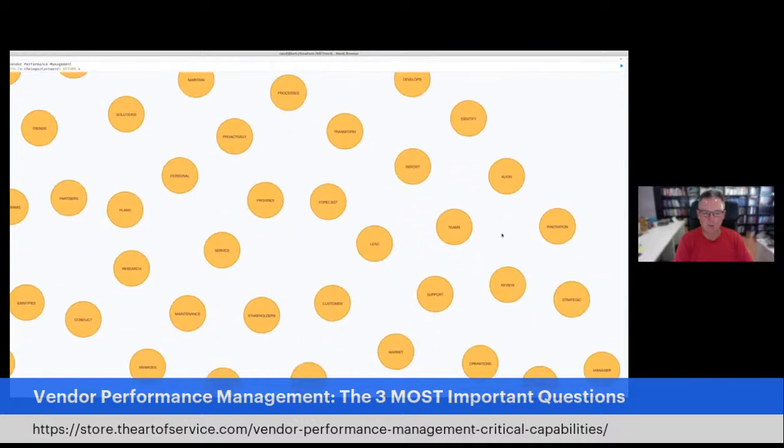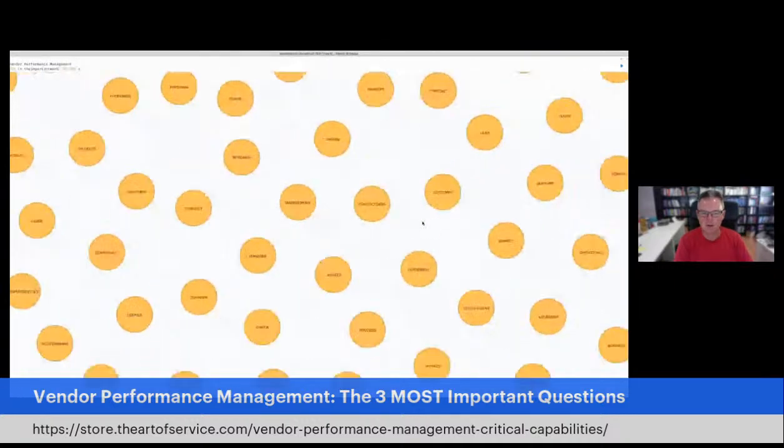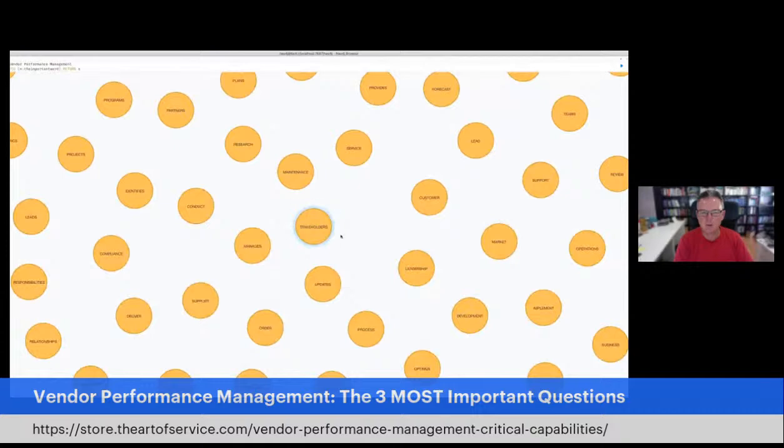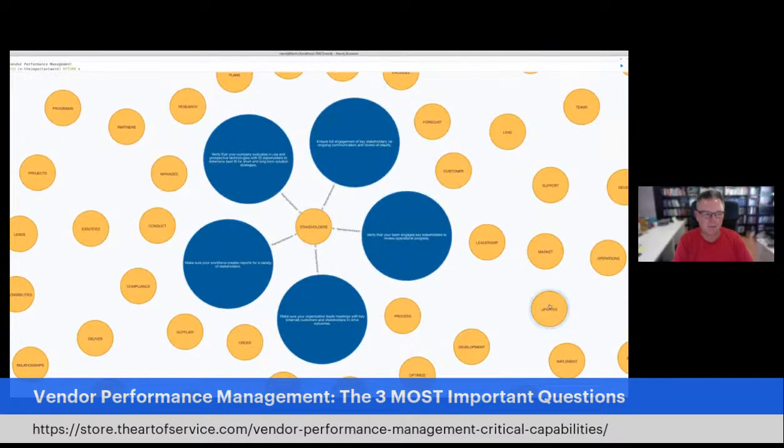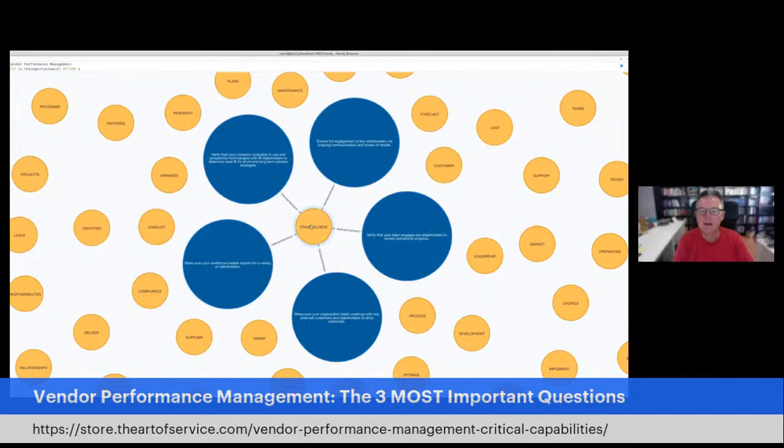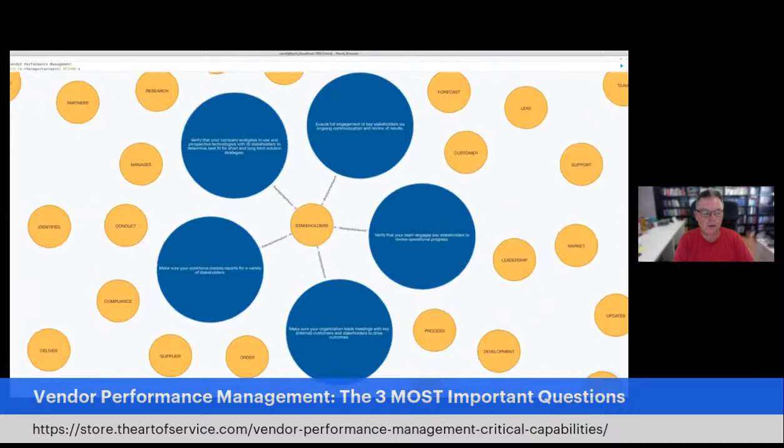I'm going to pick a word. Which word shall I pick? Stakeholders. Let's do that one. I want to focus on stakeholders. These are, let's pull updates out of the way. You needy one, stay there. Stakeholders, these are the areas that I need to focus on when I want to focus on stakeholders in relation to vendor performance management. So ensure full engagement of key stakeholders via ongoing communication and review of results.